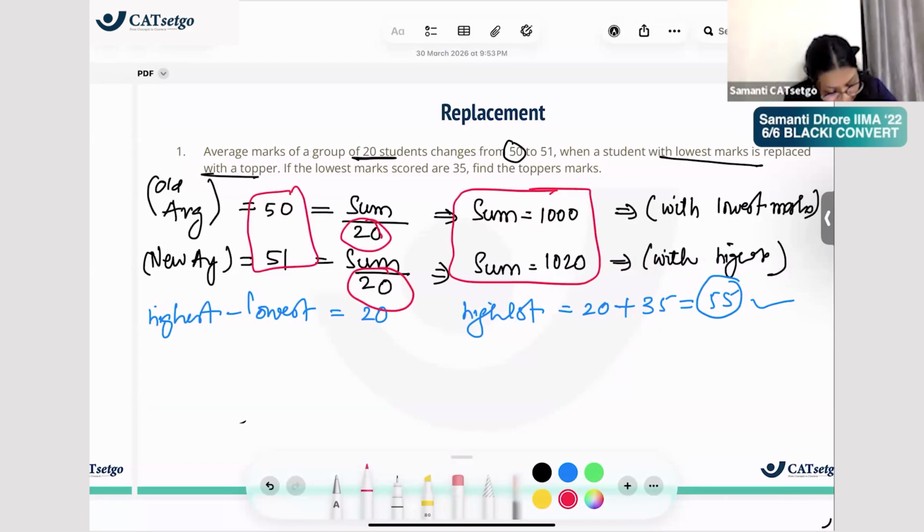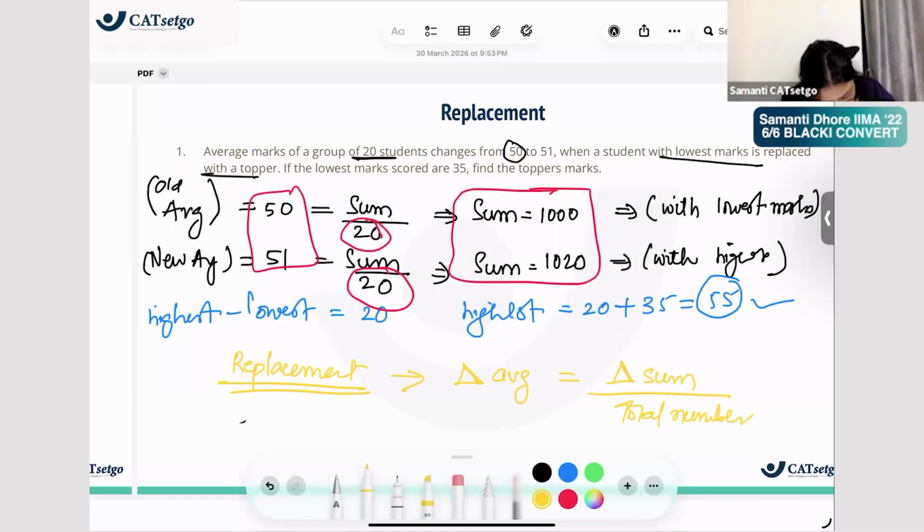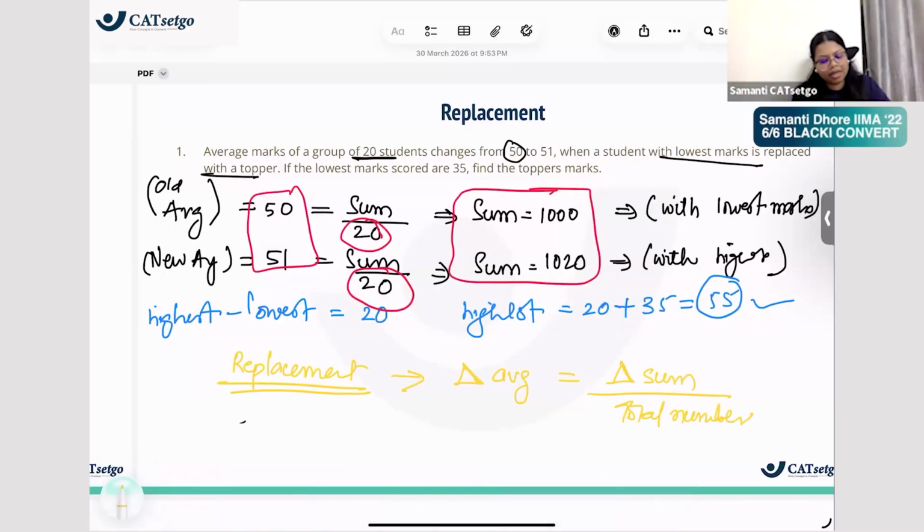So can I say that in replacement questions, whenever there is replacement, what happens, the change in average, delta का symbol है, this is a symbol for delta in maths. Delta means change. The change in average is because of the change in sum divided by total number of people. मेरा बेसिकली कहने का मतलब ये है कि whatever this average changed from 50 to 51, so average became +1.